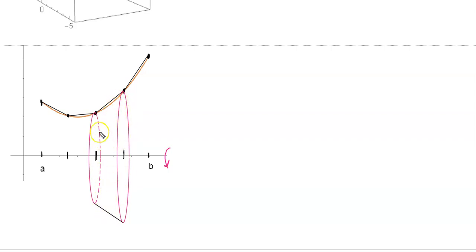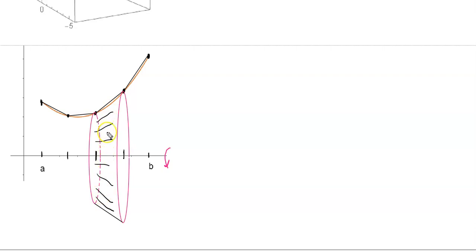It looks like a cone that has the top of it cut off. We call this shape a frustum. Now we want to calculate the lateral surface area of this frustum, meaning the surface area as we go around like this. So we want to calculate that surface area.